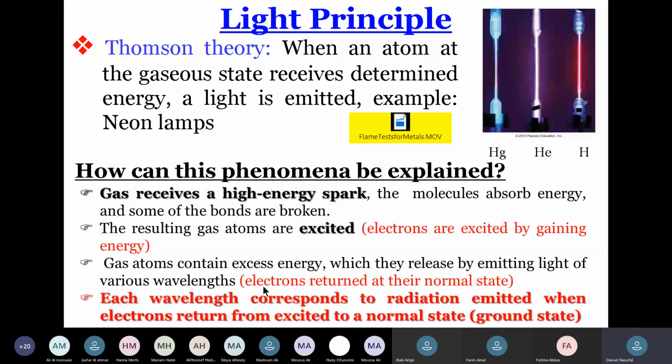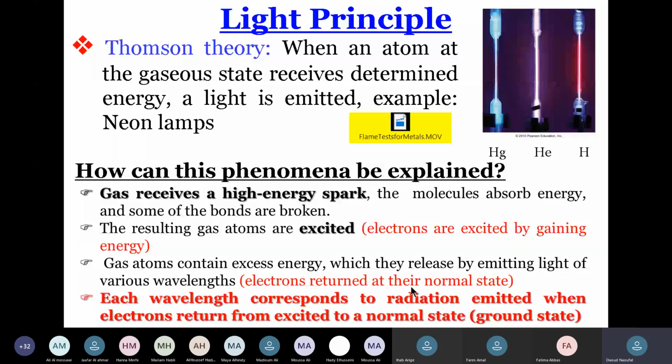So at the microscopic scale, we say that the excited electrons will return to their normal state, and each wavelength corresponds to a radiation emitted, a return from the excited state to a normal state that we call the ground state.